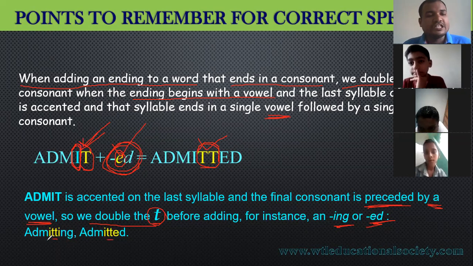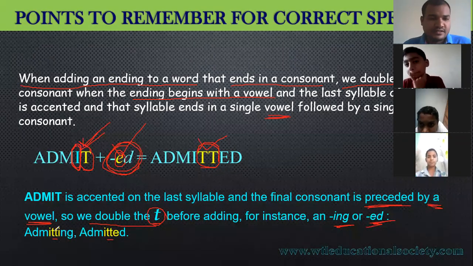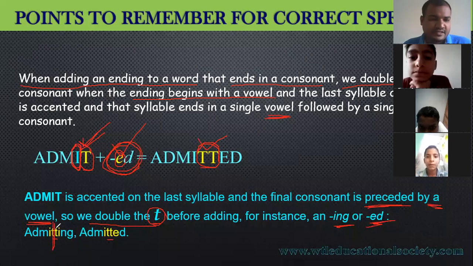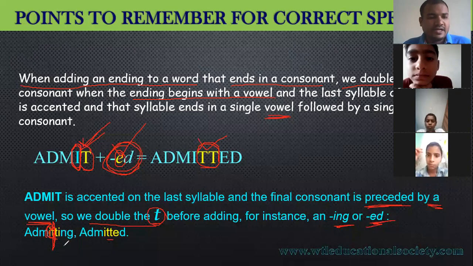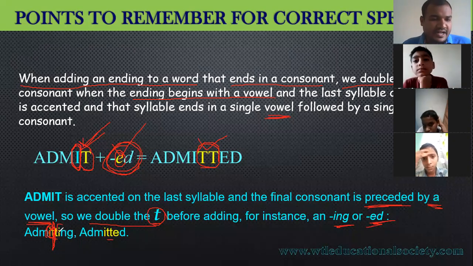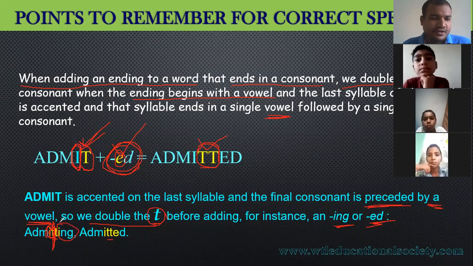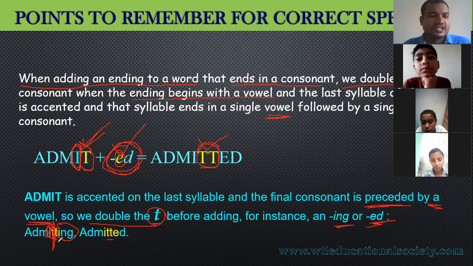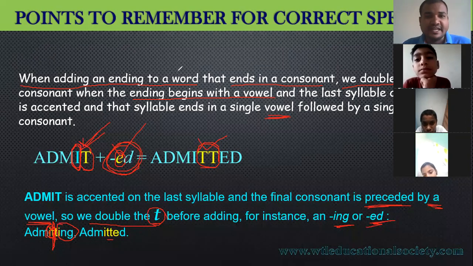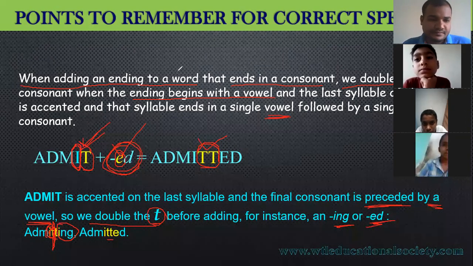Okay, admitting. So admit is the main word. The ending letter is T, preceded by I. The word ending is ing, so it starts with I, a vowel. That's why we doubled the T. That's why there are two T's here.